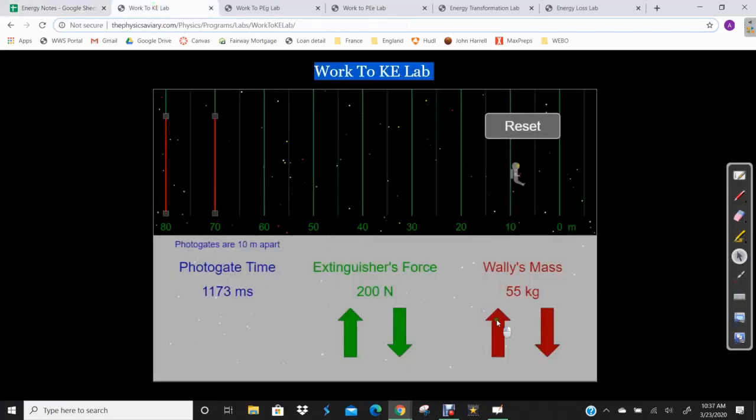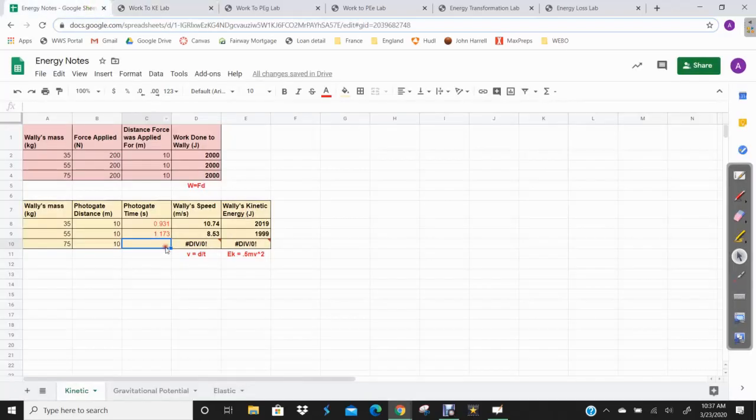We'll bump his mass up to 75. Okay, that's not bad. It's a little bit off, but that'll be okay. And you can see again, he's moving slower here. And the time that it takes him is 1.359.